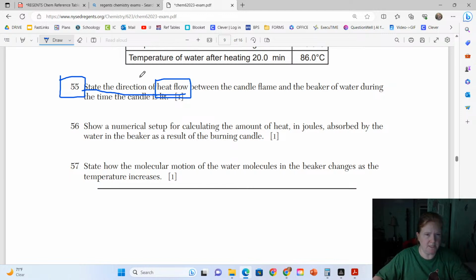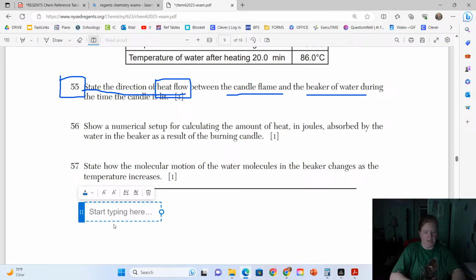Okay, so state the direction of heat flow between the candle flame and the beaker of water. So what do you need to know about heat? Heat flows from warm to cold.